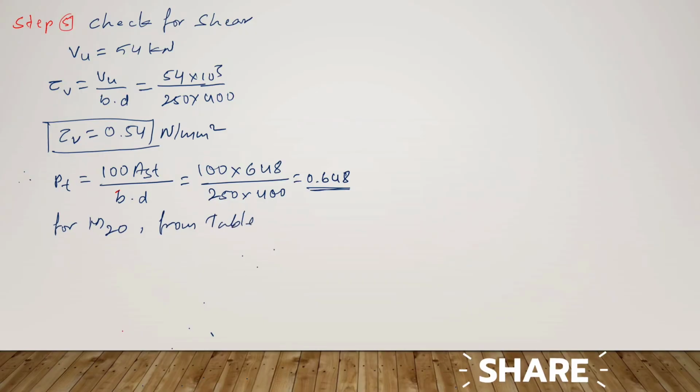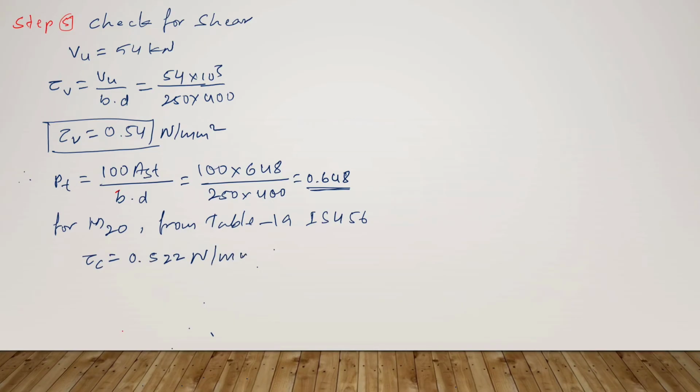Table 19, IS 456, we will get tau C is equal to 0.522 Newton per mm square. ಎಕ್ಸಾಮ್ಗೆ IS ಕೋಡ್ನ ಅಲೋ ಮಾಡಿರ್ತಾರೆ. ಸೊ ಅದರಲ್ಲಿ ಟೇಬಲ್ 19 ಪೇಜ್ ನಂಬರ್ 73 ಬರುತ್ತೆ. ಪೇಜ್ 73 ಅದರಿಂದ ನಿಮಗೆ tau C ವ್ಯಾಲ್ಯೂ ಸಿಗುತ್ತೆ 0.522 Newton per mm square.